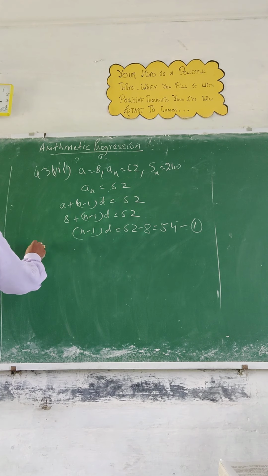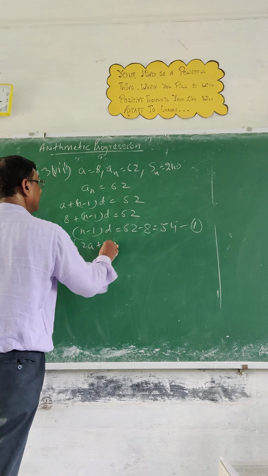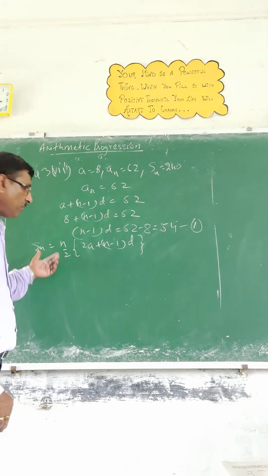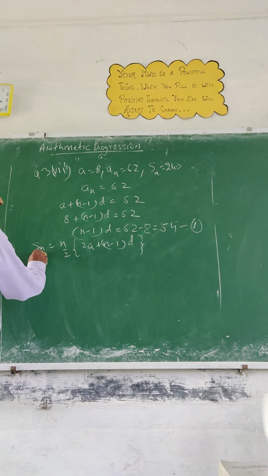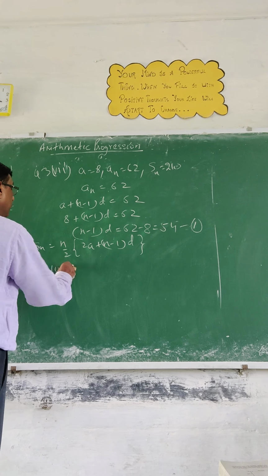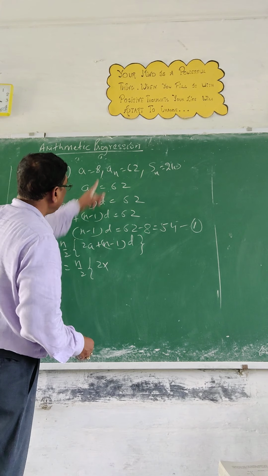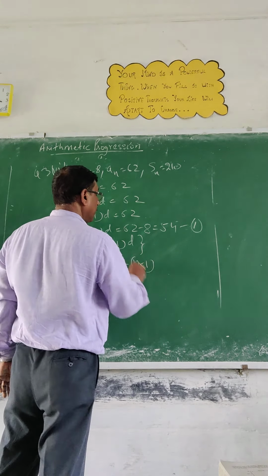Now use the Sn formula. So now you can see the formula, you put the value. What is n? You don't know. What is Sn? 210. 2 into A. A is given, children, 8. Plus n minus 1 into d.